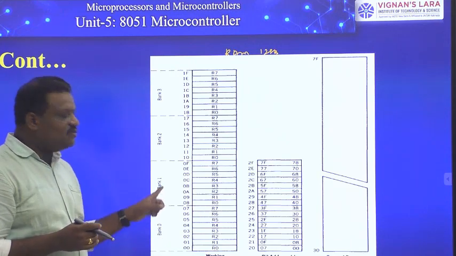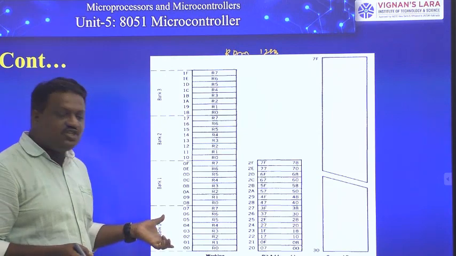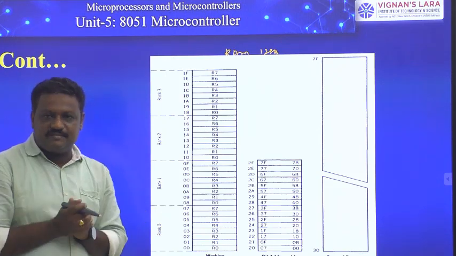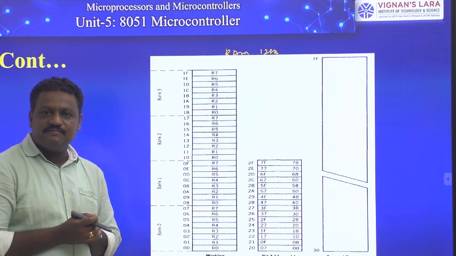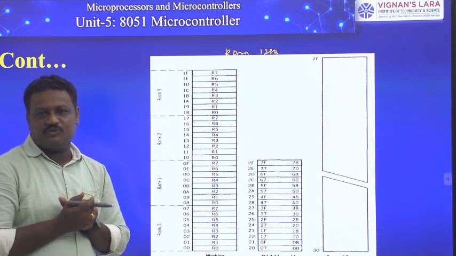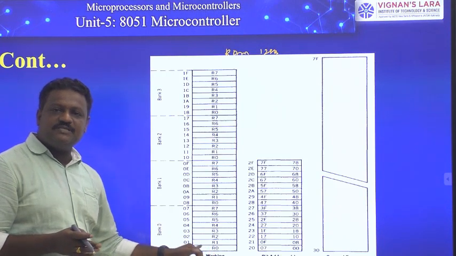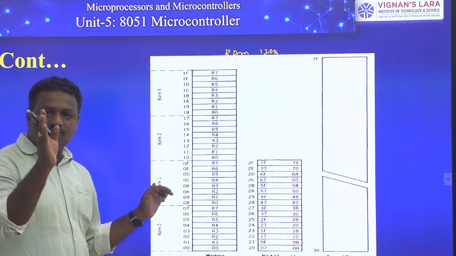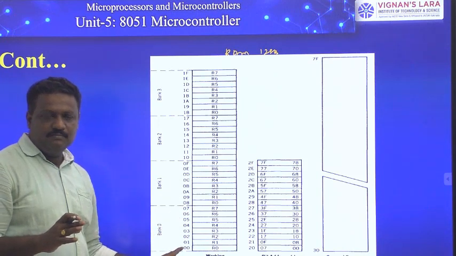That is bank 0, bank 1, bank 2 and bank 3. Under each bank there are 8 bytes or 8 8-bit registers. Those register names are from R0 to R7. The same names repeat in bank 1, bank 2 and bank 3 also. In order to distinguish the R0 register present in bank 0 from the R0 register present in bank 1, it is only possible with the register's internal addresses.